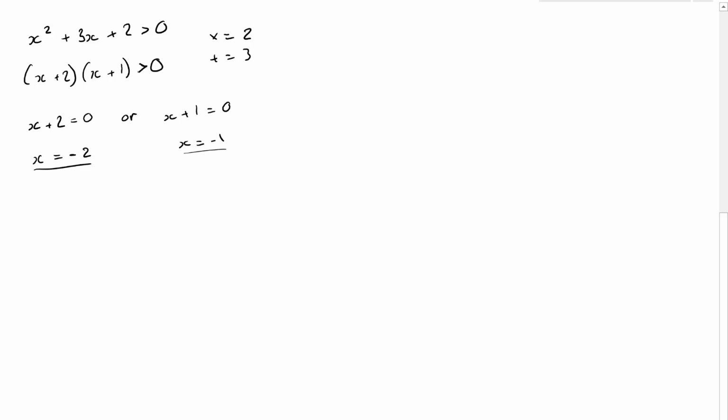To do that, we can first sketch a graph of this to see where our solutions are going to lie, or where our inequalities are going to take place. We know that it passes through x equals minus 1, which I'm going to say is here, and it also passes through x equals minus 2, which is here. There's a positive in front of the x squared, which means that this is a happy face.